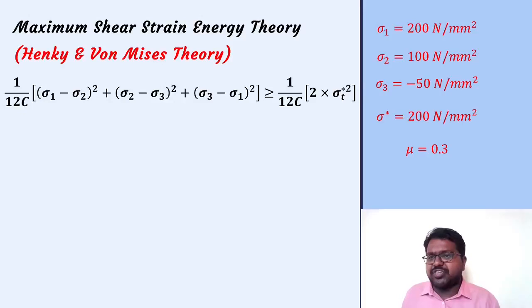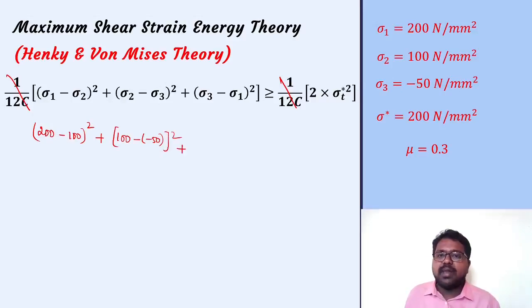So place the same values here. Cancelling these two, I am taking the values of this one: 200 minus 100 square plus 100 minus of minus 50 square plus minus 50 minus 200 whole square should be greater than or equal to 2 times of 200 square.